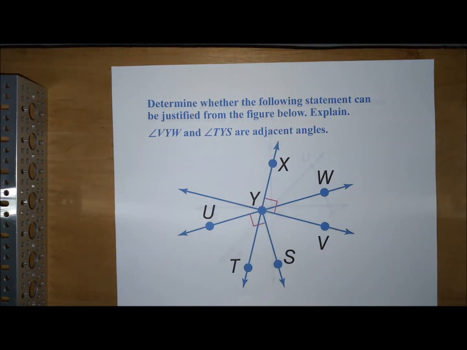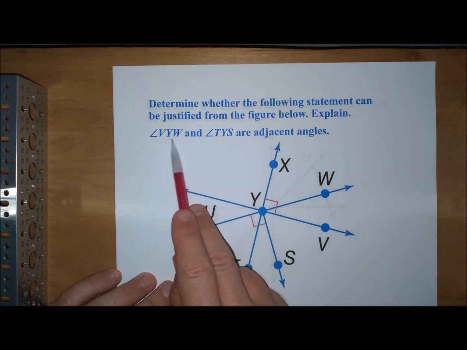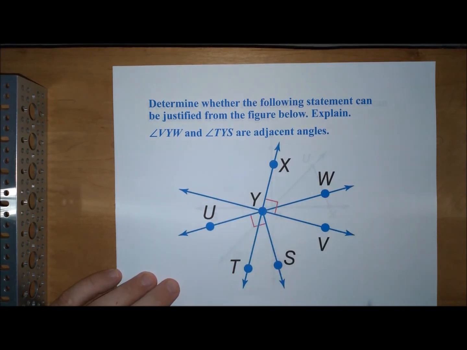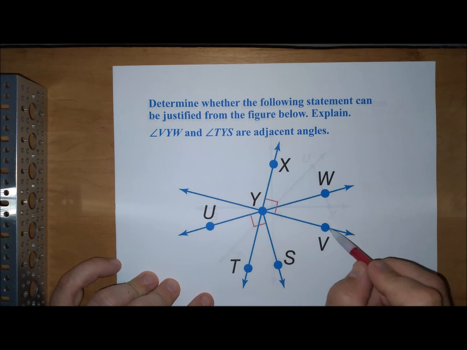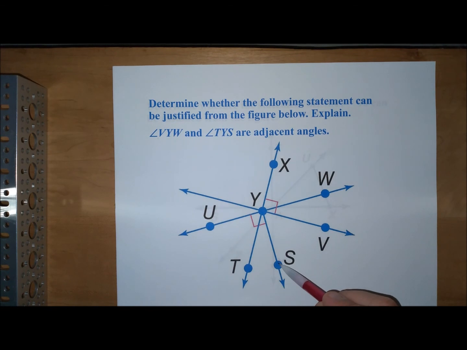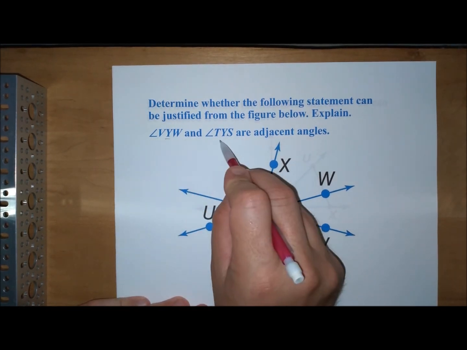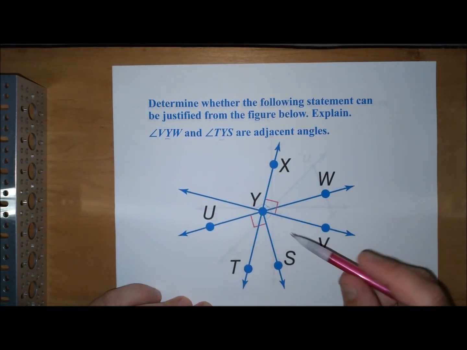How about this one? Can I determine from this diagram that angle VYW and angle TYS are adjacent angles? Well, adjacent angles, what was that definition? They've got to share a common vertex, which they do. You can see that middle letter. But they also have to share a common side.